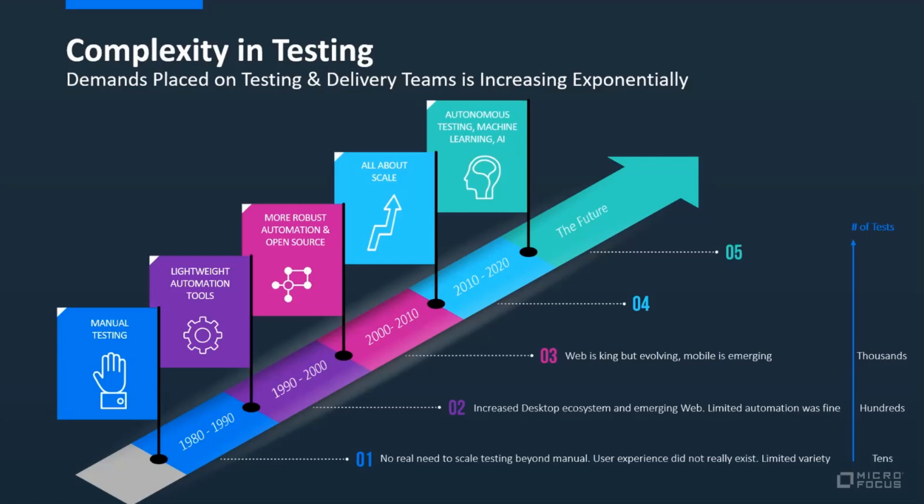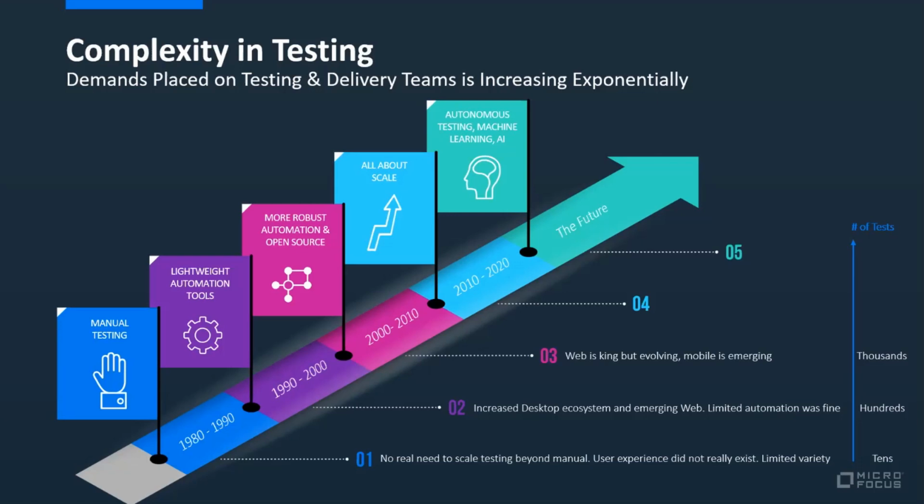We saw the first agile concepts and iterative deliveries, we wanted to release faster, and so on, which also increased the need for automation because thousands of tests needed to be covered. And sometimes those tests are repetitive ones because now we have the notion of nightly builds and so on and so forth.